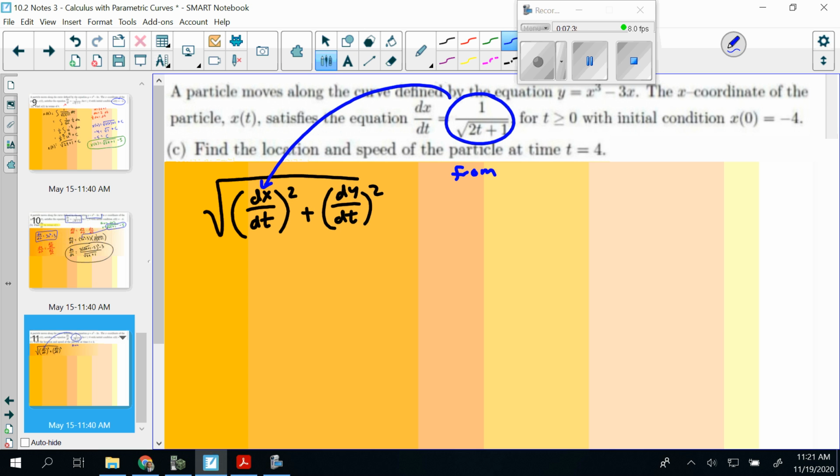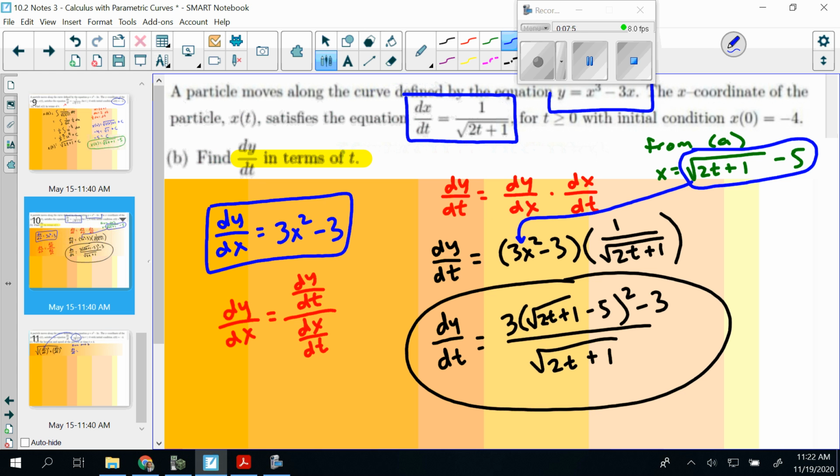So from part B, we found that our dy dt equation comes out to be all this stuff here. Copy and paste all this.